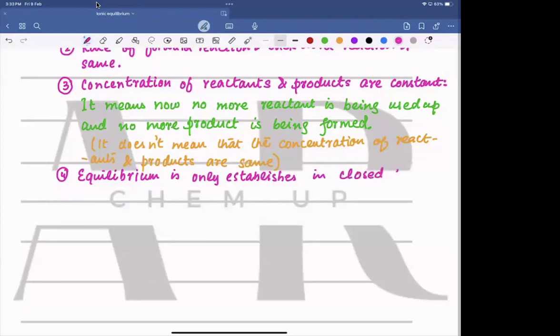If the system is not closed, then any of the reactant or product may escape, and it will not be able to establish the equilibrium. Okay. So if, for example, there is any gas, that gas can escape, and if it continues to escape, equilibrium will not establish.